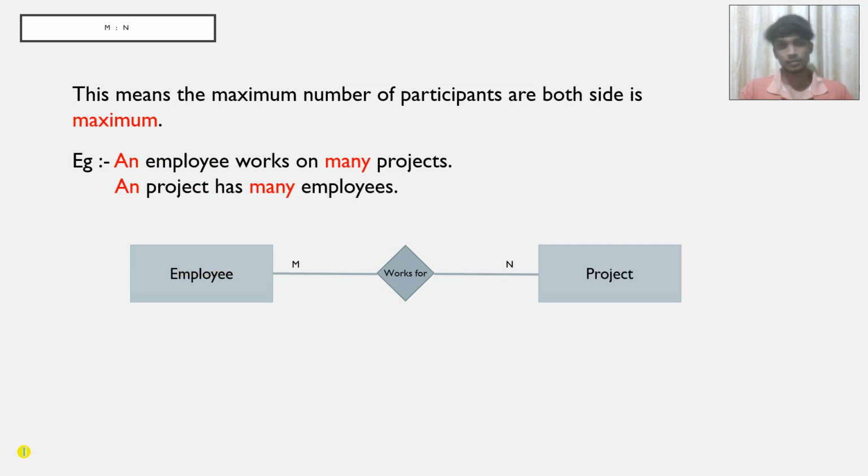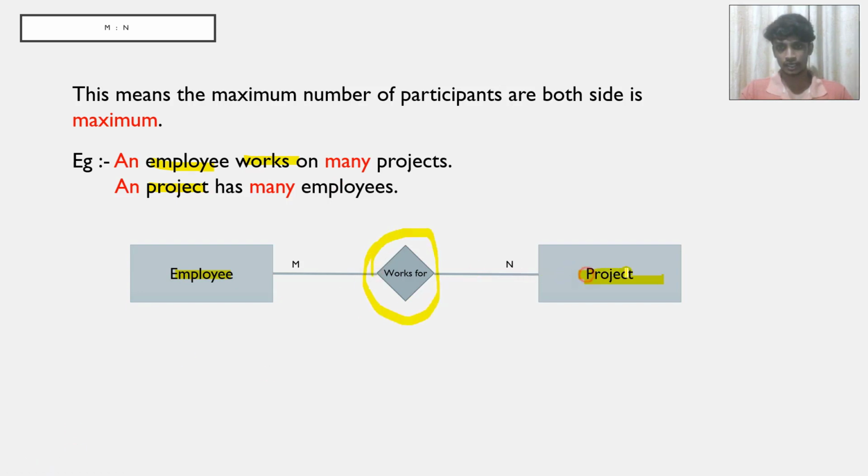Okay, the next one is many-to-many. This means the maximum number of participants on both sides is maximum. An employee works for many projects and a project has many employees. I don't think it needs to be explained again and again. Those are the relevant entities, employee and project, and this is the relationship.